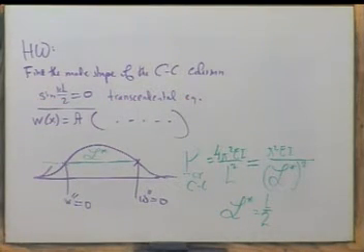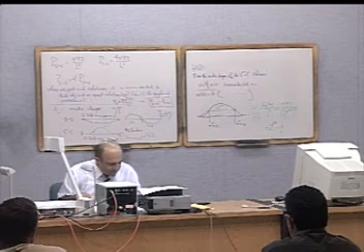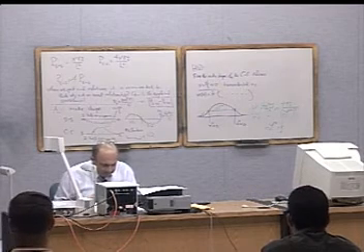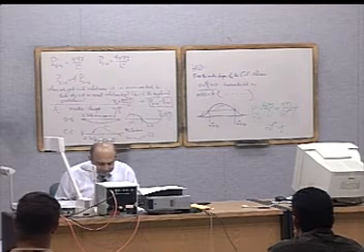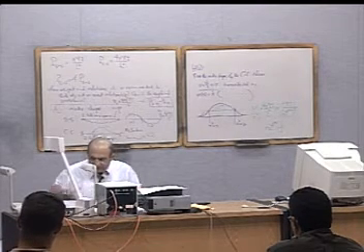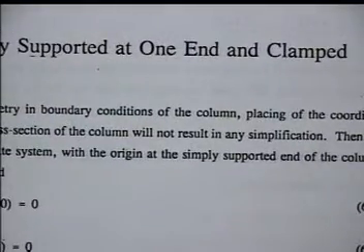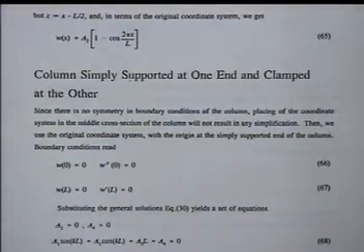Now, second thing. A column simply supported we did consider. Column clamped on both ends. So we can consider a column that is simply supported at one end and clamped at the other. Okay, let us see.